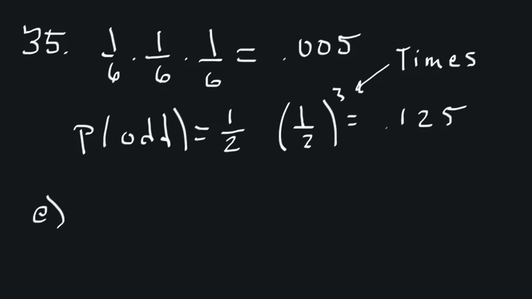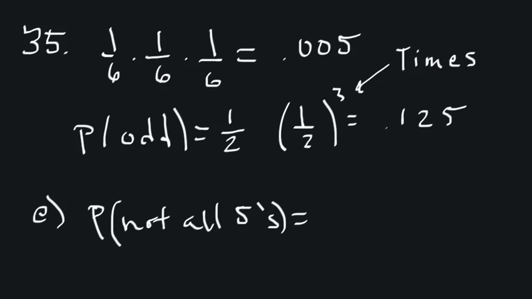What's the probability that I get not all 5s? Didn't you just take what you know from A? Yes, you could, because it's the same. So what's the probability that I get all 5s? Not all 5s would be the same thing as 1 minus the probability of getting all 5s.